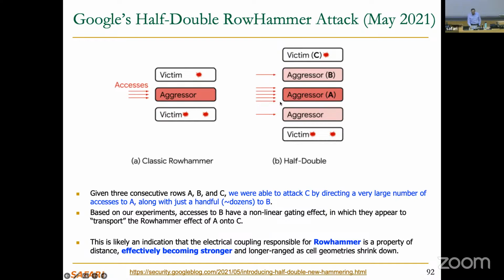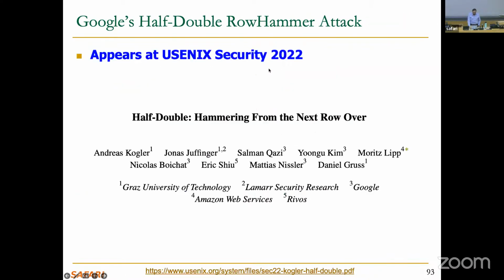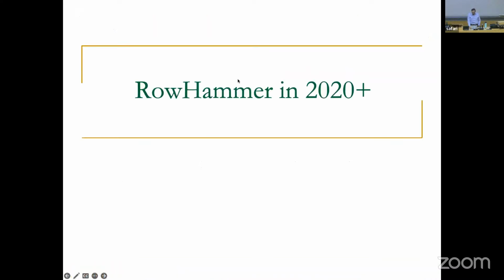You concentrate most of your activations here, which causes refresh operations that happen on this aggressor and this aggressor. And you also activate this aggressor a little bit more. And then you have bit flips in here. This is a way of basically bypassing the deployed TRR mechanisms again. And it's also published in USENIX Security in 2022.